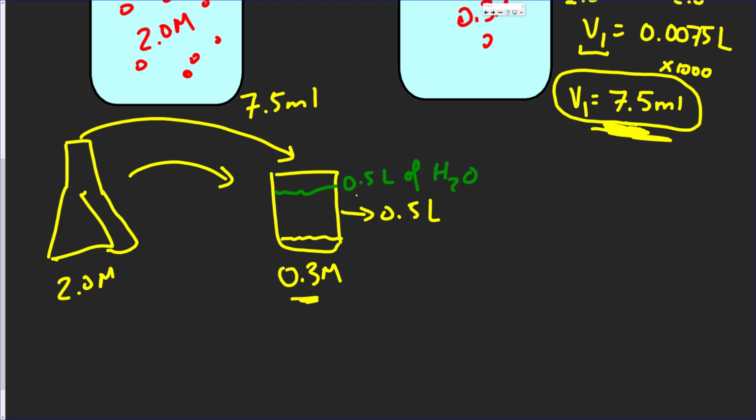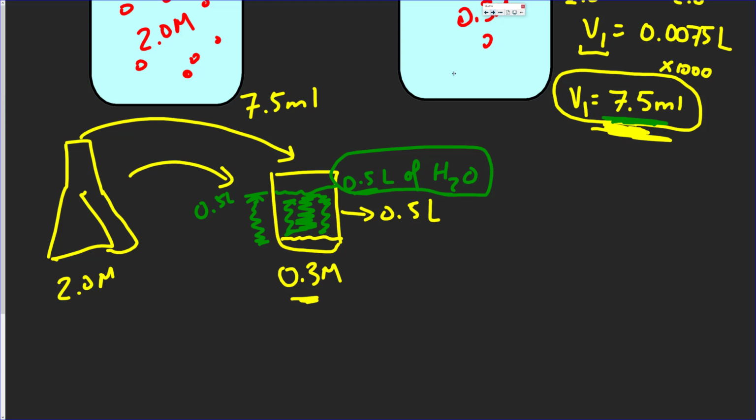So you're not going to put exactly 0.5, but you're going to fill all the way to the 0.5 or 500 mLs line with water, and that's how you dilute that solution. So this number, don't just do the math, but understand what this number represents. This number is really the amount of solution one you've taken in, and then you're going to fill the rest with water all the way up to 0.5 liters. So that's your first dilution question.